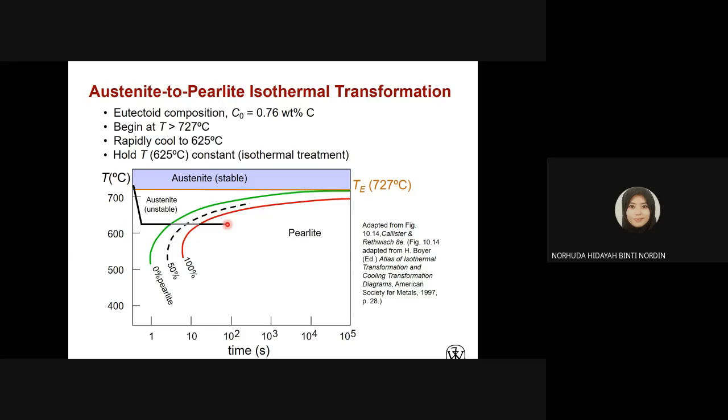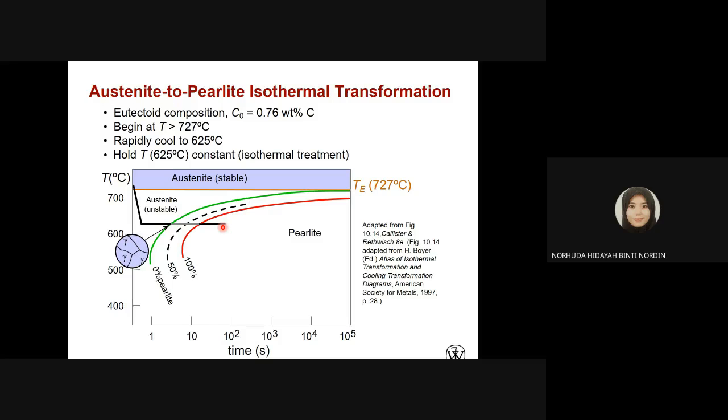So you stop at 1000 seconds. What will be the phase at this point? Pearlite, right? So from austenite, undergoing isothermal treatment, the steel will be in the pearlite phase.